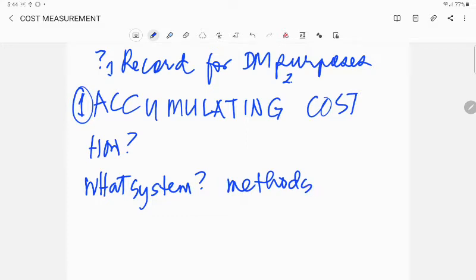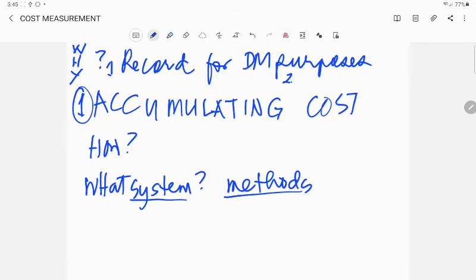Because this one would answer for record for decision-making purposes. This would answer for our WHY. So, how are we going to accumulate costs? Let's talk about system and let's talk about methods.